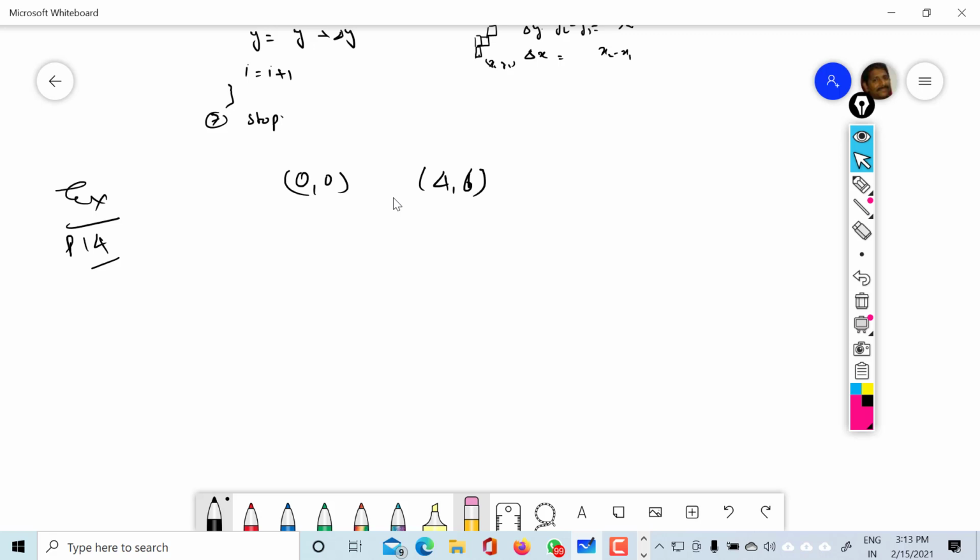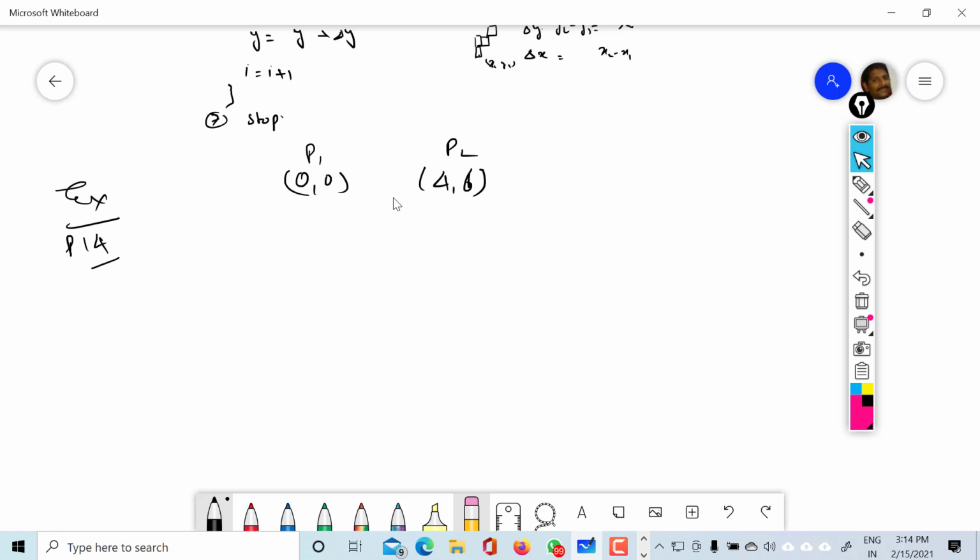By using the DDA algorithm, we have to draw the line. So what was the first step? Input x, this point and this point. After that, in the second step, we have to calculate the value of delta x and delta y. So what will be the value of delta x?